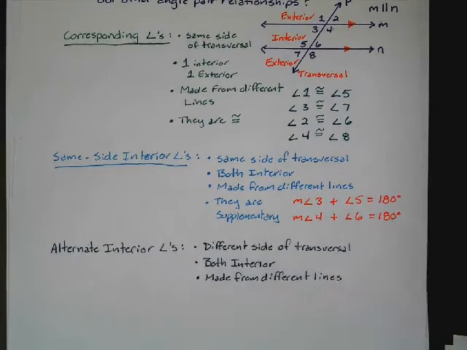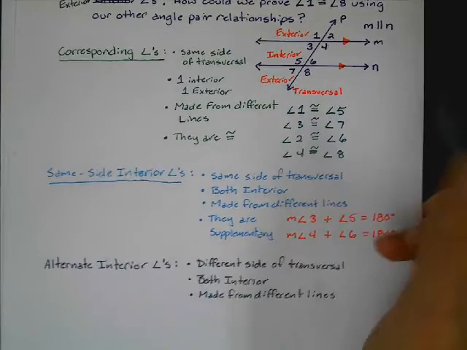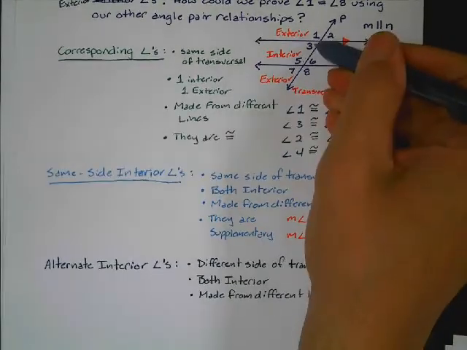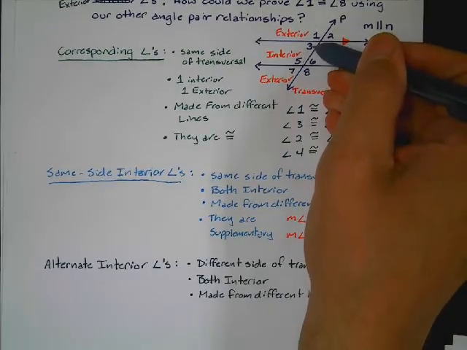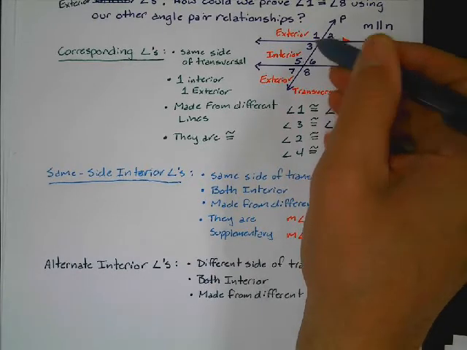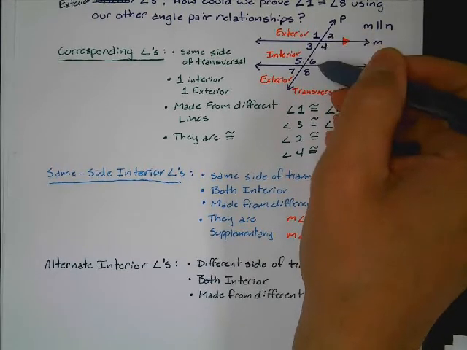All right, looking at what we have here, they're different sides of the transversal and both interior. So angle 3 is on this side of the transversal. Angle 6 is on the alternate side of the transversal. So 3 and 6, they're both interior. They're on different sides of the transversal, and they touch different lines. 3 touches P and M, 6 touches P and N.